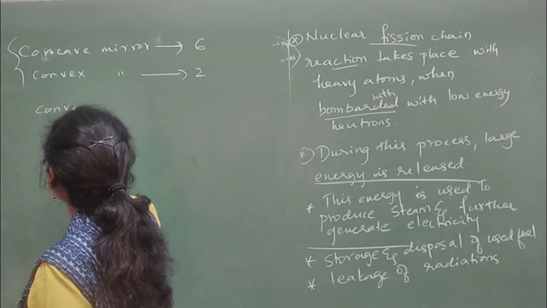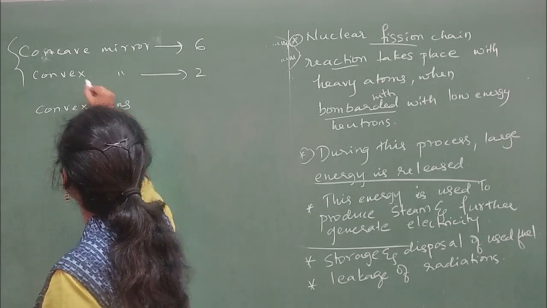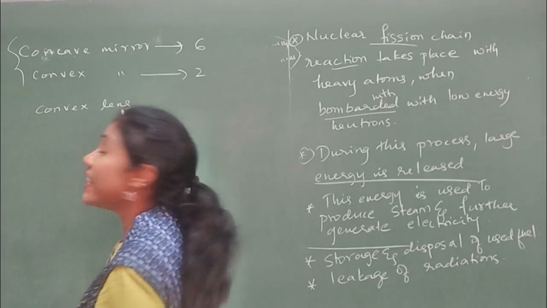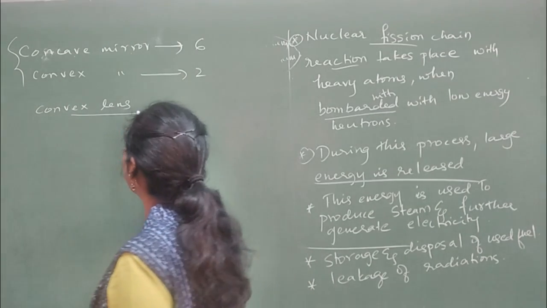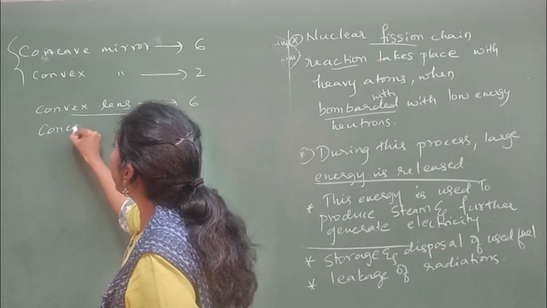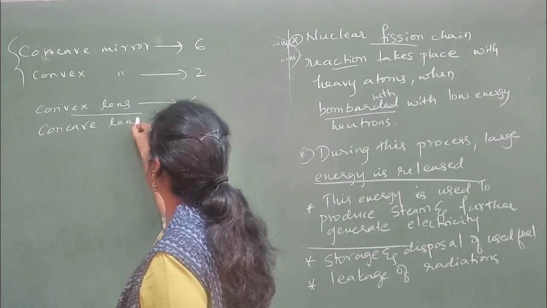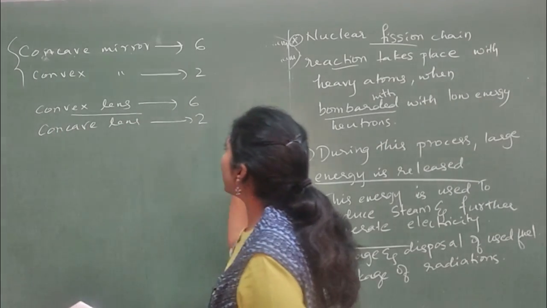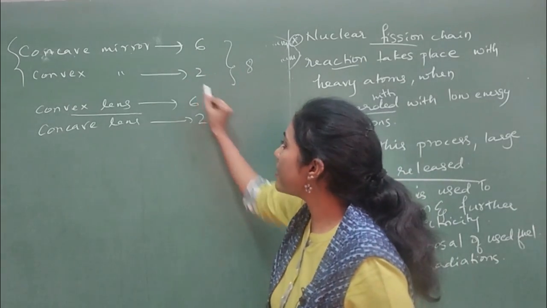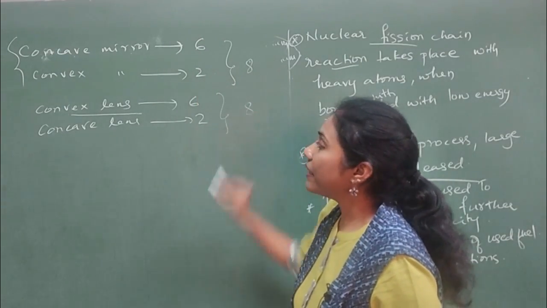Convex lens, I already told you, concave mirror and convex lens are similar. So here you have 6 ray diagrams, and concave lens has 2 ray diagrams. Altogether 6 plus 2, 8 ray diagrams under mirrors and 8 ray diagrams under lenses.